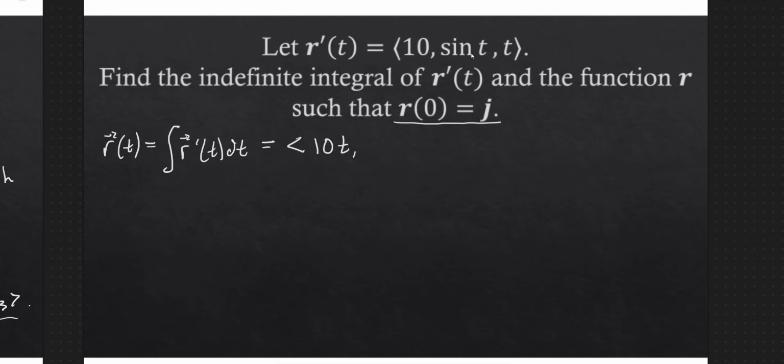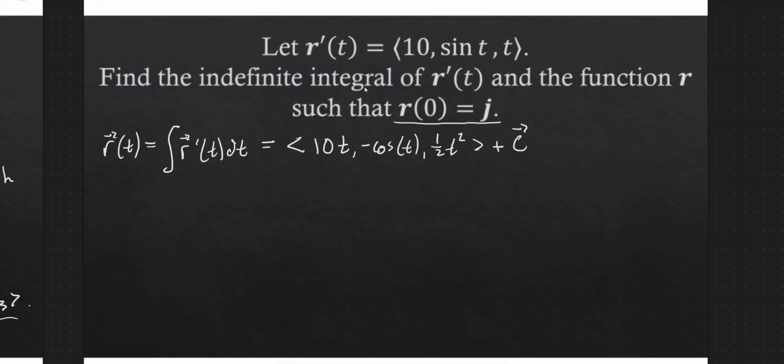An antiderivative for sine of t is minus cosine of t. And then finally, 1/2 t squared here, plus some constant vector here, c.